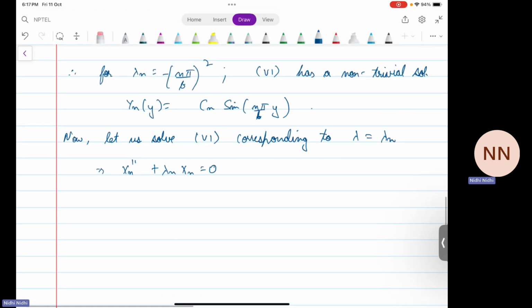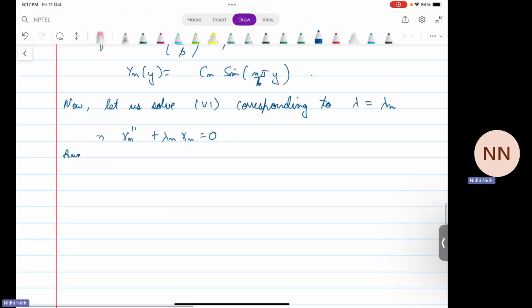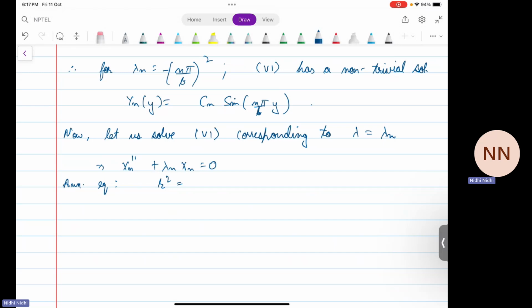Again, this is a second order homogeneous differential equation with constant coefficients. So its auxiliary equation is r square equals minus lambda n, and minus lambda n would be n pi by b square. This gives us x is equal to, I'll write it as some an e to the power n pi by b x plus bn e to the power minus n pi by b x.